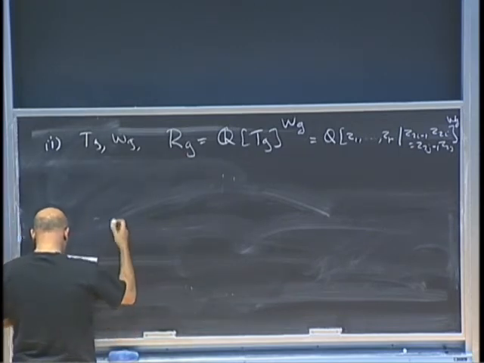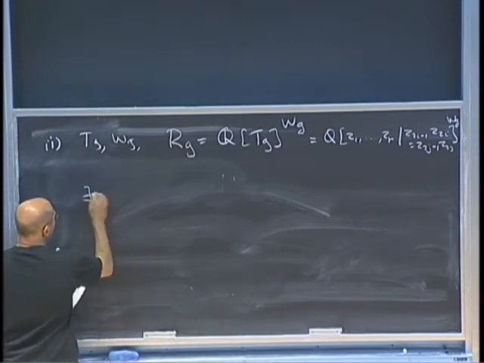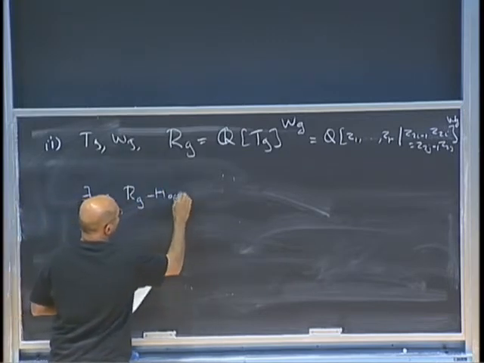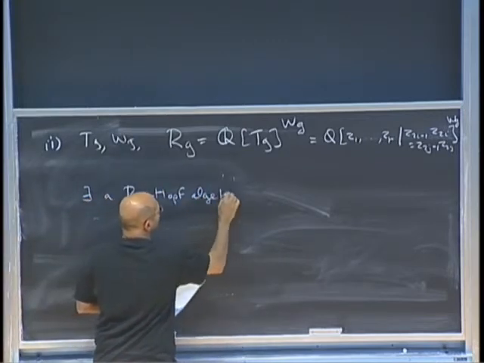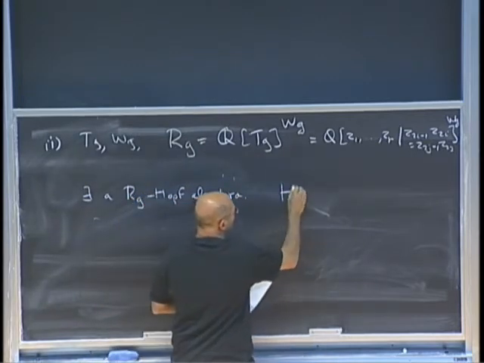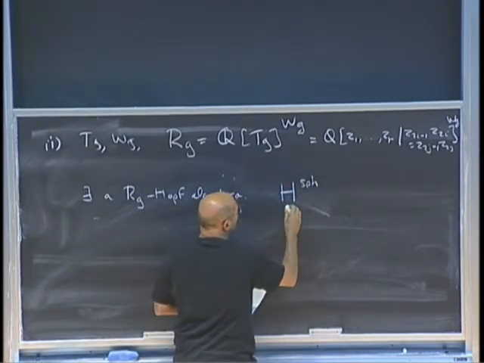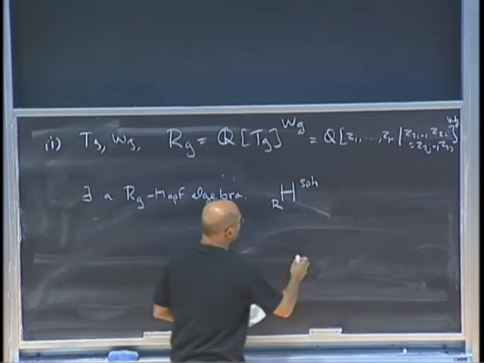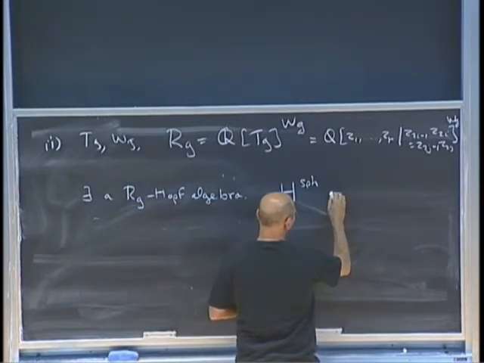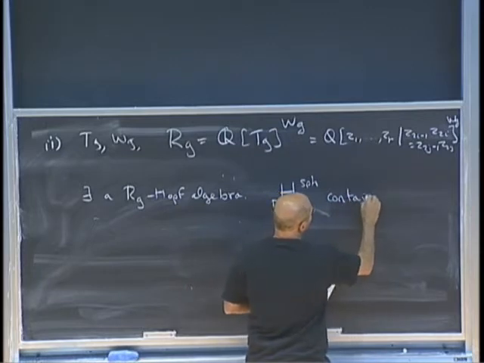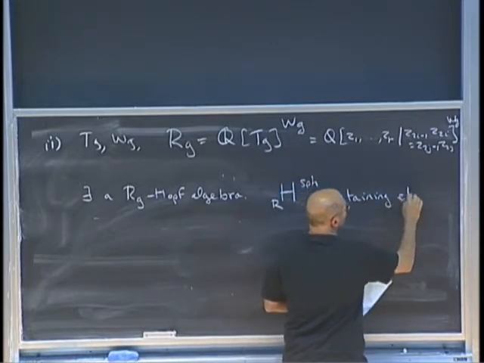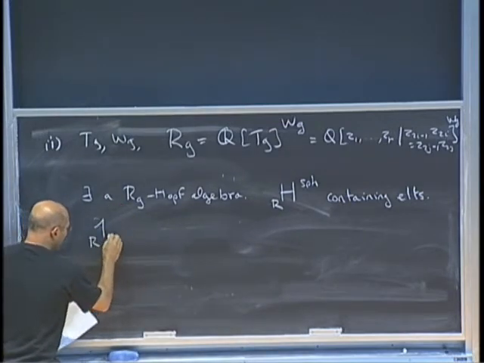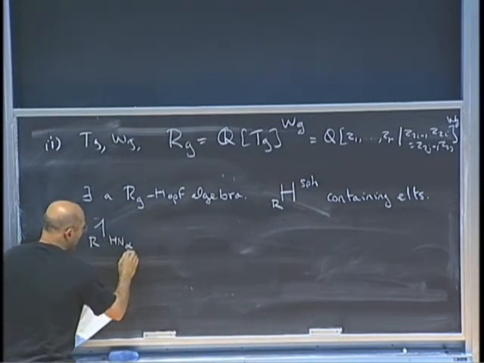And so the theorem is that there exists an Rg Hopf algebra, let's call it H spherical R, Rg, containing elements 1_{R, n, alpha}.